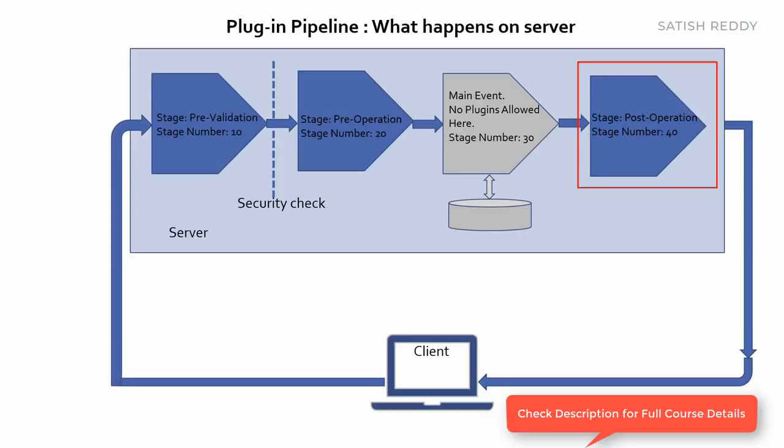Let us say you want to send out an email after a contact is created. Then I would write that logic in the post operation, so I'll insert the code in this stage. If I want to do some validation before the data is inserted, I'll do validations in this stage, or maybe sometimes in this stage also.